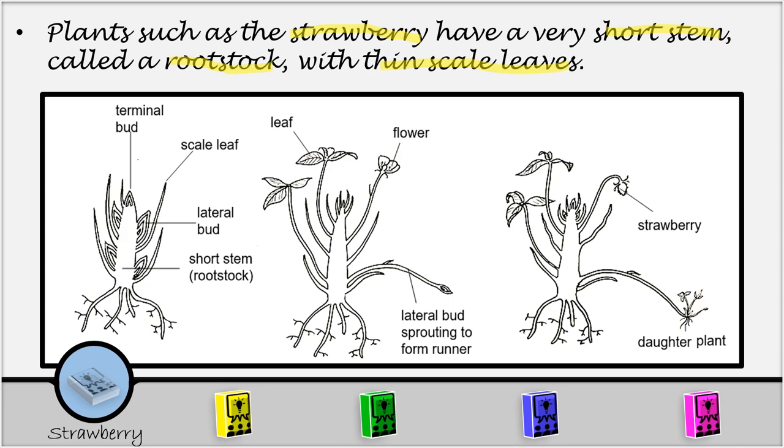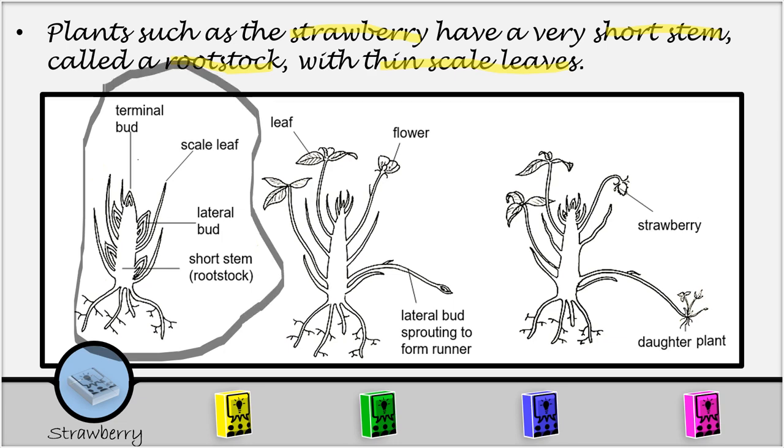So let us look at our strawberry here. When you look at this strawberry, it has got the short stem, and this short stem is what we are calling a rootstock. Then on the sides, it has buds.